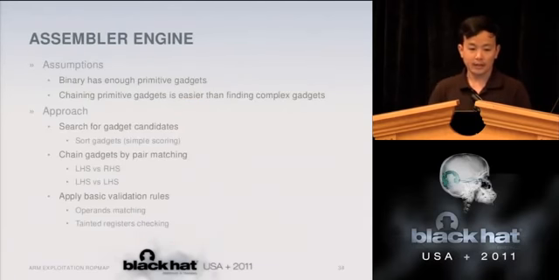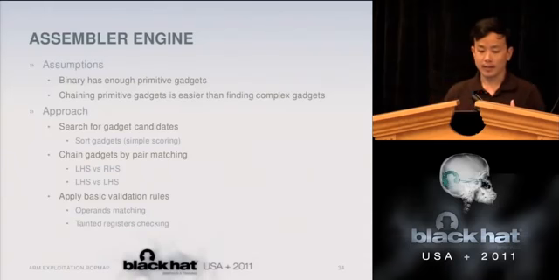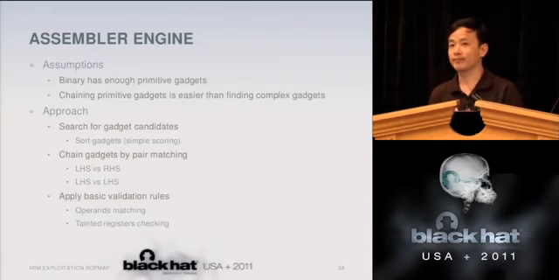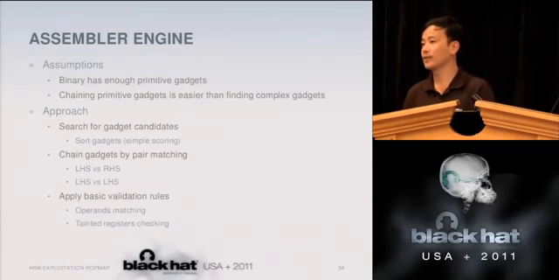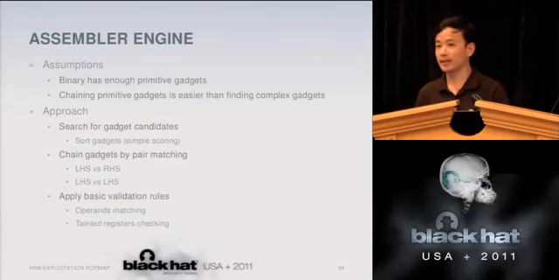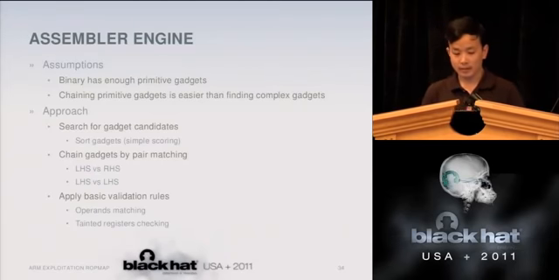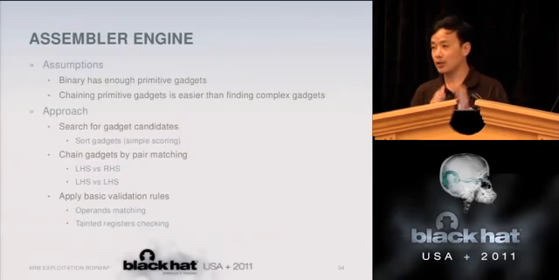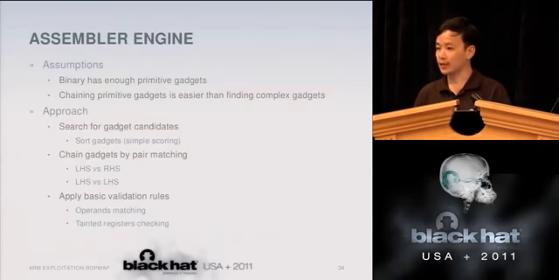In order to convert from ROP shellcode or ROP instruction to a chain of gadgets, we built an engine called the assembler engine to automatically search for the gadgets and chain them together.